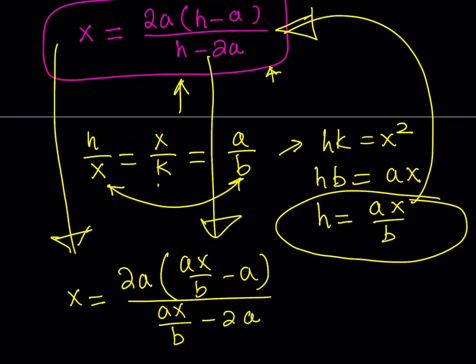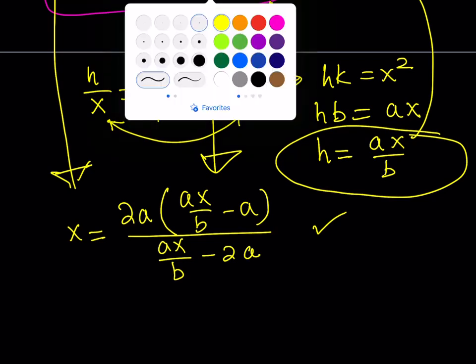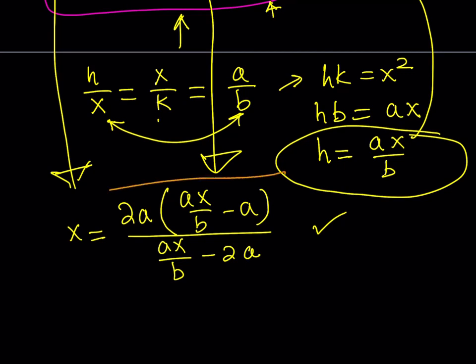Awesome. Now notice that in this equation here, I only have x, a, and b, which means I can hopefully solve for x in terms of a and b. All right? So that's going to be my next step. This is a really crucial expression because this should give us what we need.